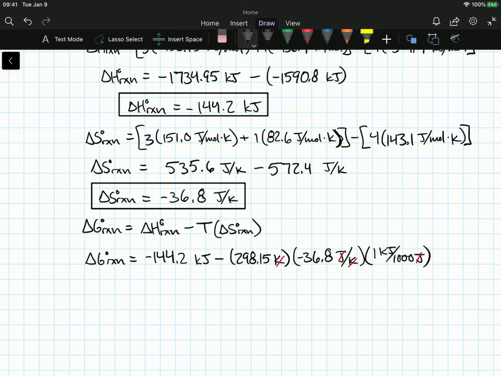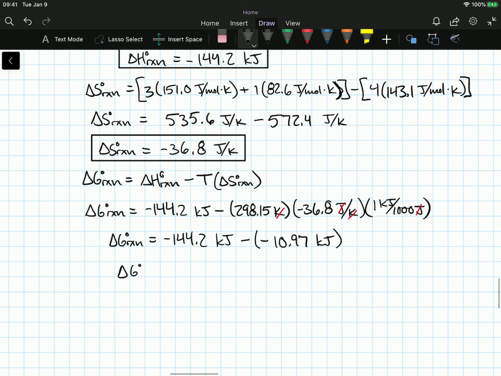This becomes negative 144.2 kilojoules plus, let's be consistent here, minus a negative 10.97 kilojoules. So that's the product of 298.15 times negative 36.8 divided by 1,000.